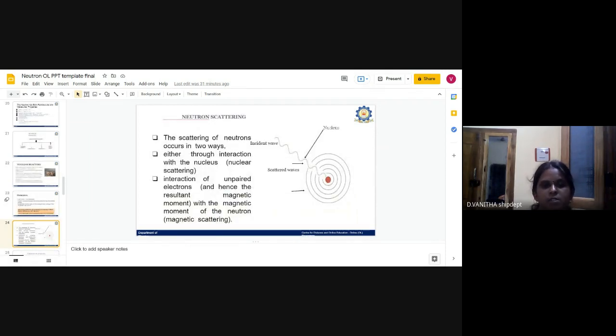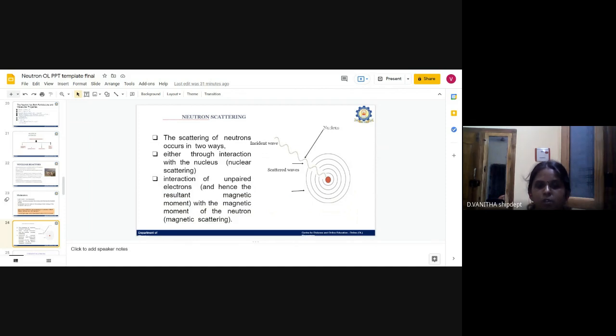The next topic is neutron scattering. The scattering of neutrons occurs in two ways. One is through interaction with the nucleus, and the second is through interaction of unpaired electrons with the magnetic moment of the neutrons.